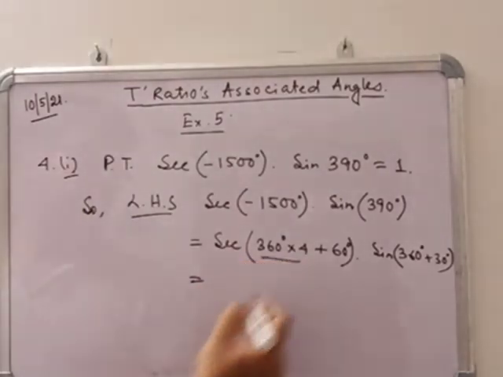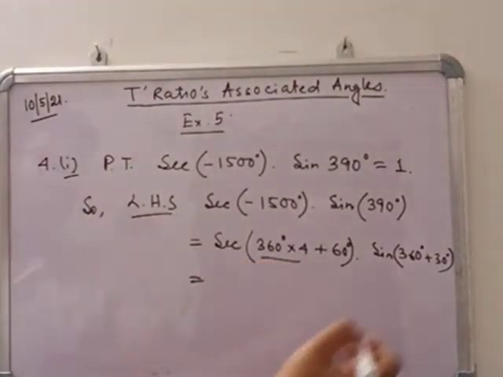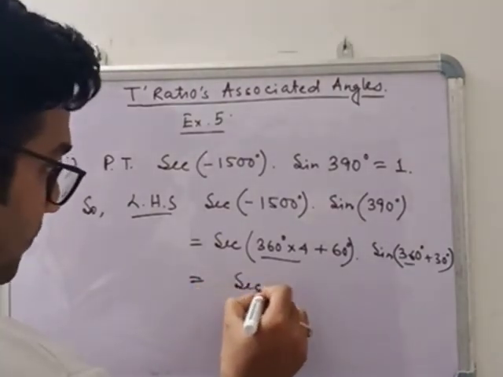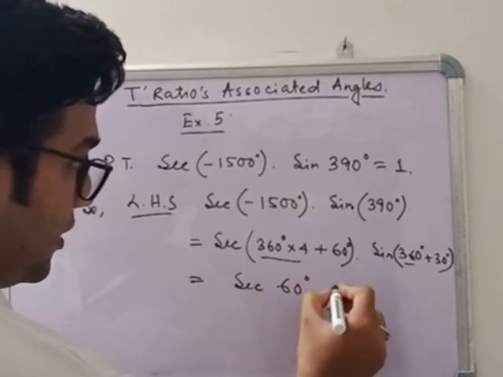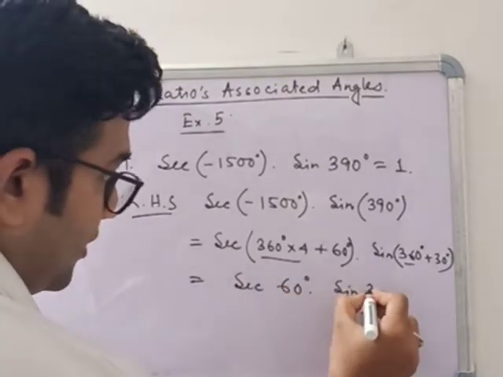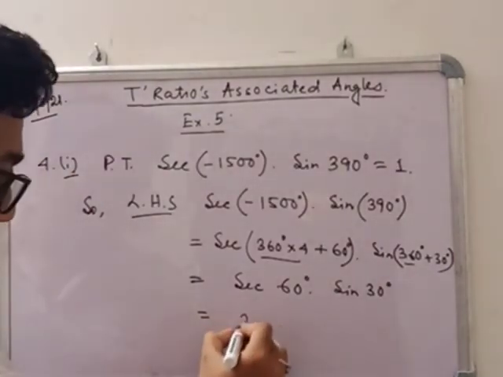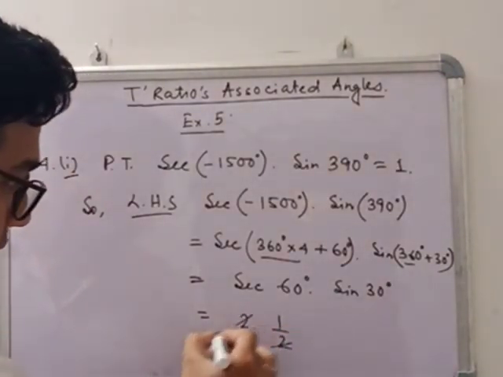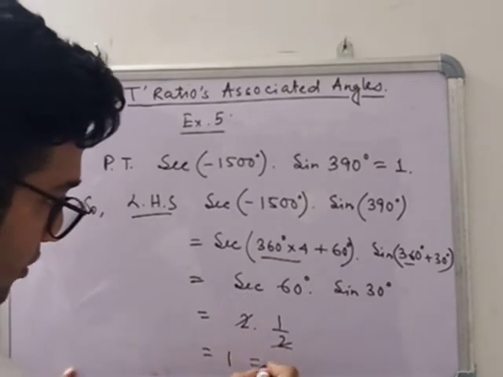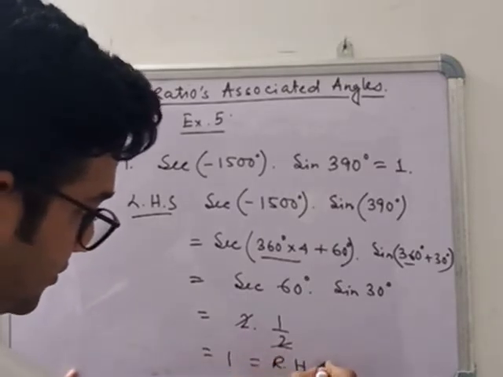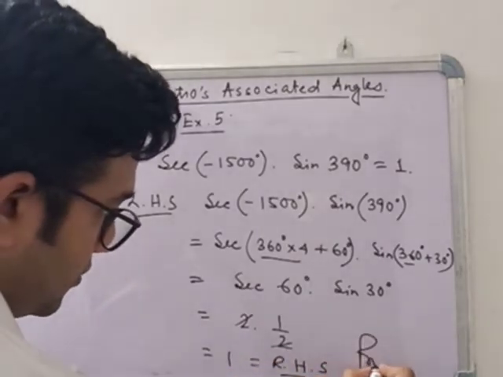This is even and this is also even, so no change will be there. So sec 60 degrees into sine 30 degrees, that means 2 into half. This is 1. This is the RHS. So proved.